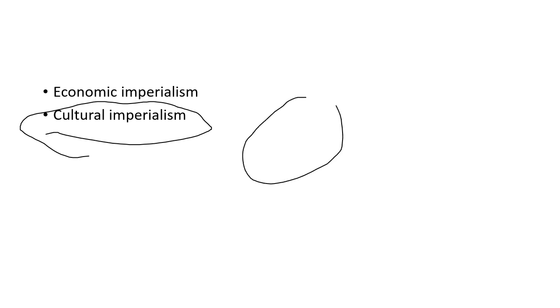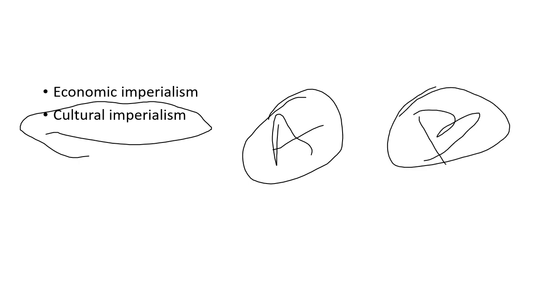For example, country A is an imperial power, and if it wants to impose imperialism on B, it will inject its culture into state B. When A injects its culture into B, B will be just like A. They will have the same ideology as A. In this way, they impose their imperialism on another state.